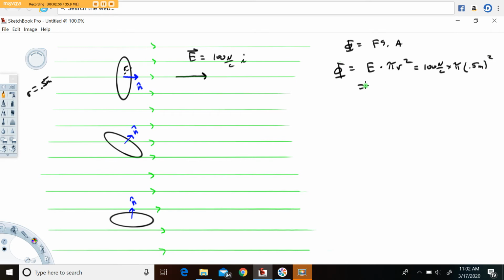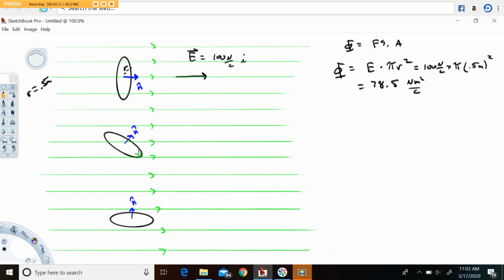If we go through and calculate a value here, I've already done this, I get 78.5. And units, you can always take them at face value. It's Newton per Coulomb times meter squared. So Newton meter squared per Coulomb. So this number represents what's called the electric flux through the surface.